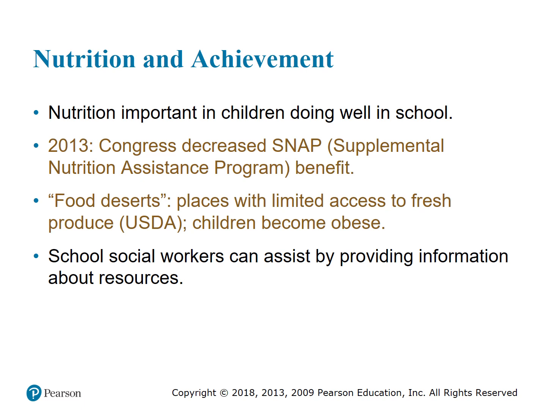And then also, if they do have fresh foods, which they really don't, it's much more expensive. So what does a person pick if they have a limited income? Do they get the $3-4 ramen noodles, or do they get the $3 apples? So it's common sense that they're going to get as much as they can because they have a limited income. And school social workers can assist by providing information about resources.